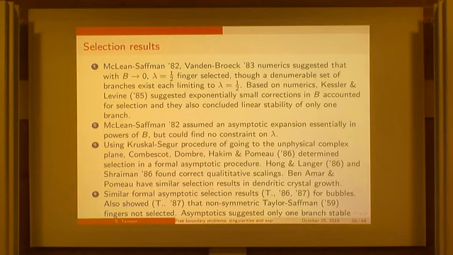It became a famous problem in the mid-80s, known as the selection problem. At the level of formal asymptotics and numerics, it got settled around the mid-80s. At the level of proofs, it only got settled in 2003.